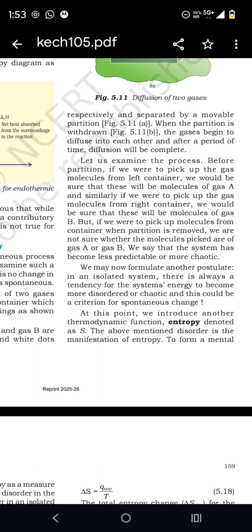If we were to pick up gaseous molecules from the left container, we would be sure that they would be molecules of gas A, and similarly, if we were to pick up gas molecules from the right container, we would be sure that they would be molecules of gas B. But if we were to pick up molecules from the container when the partition is removed, we are not sure whether the molecule picked is gas A or B.